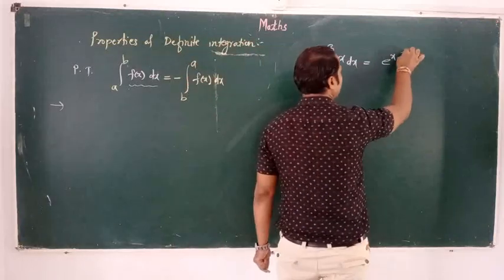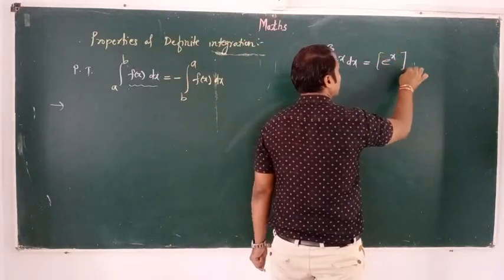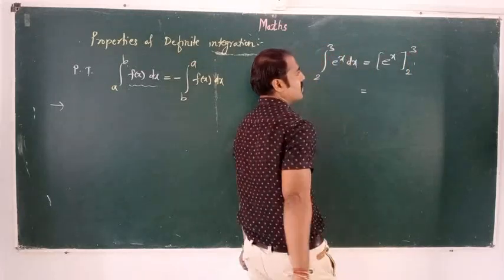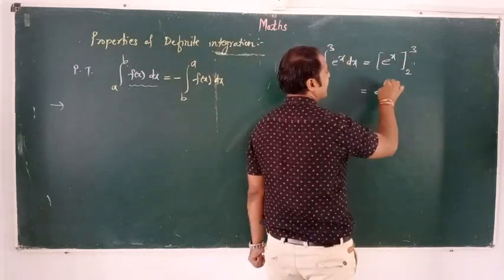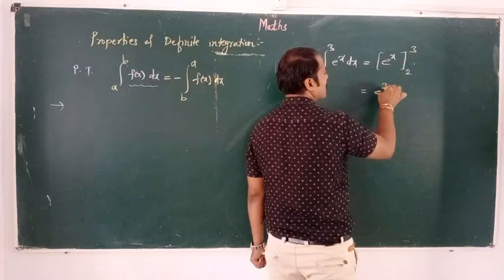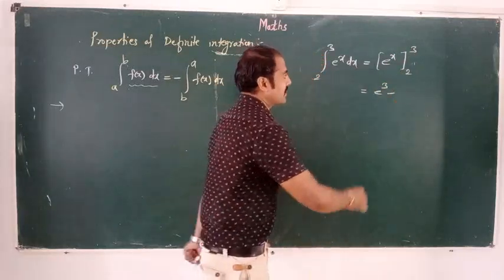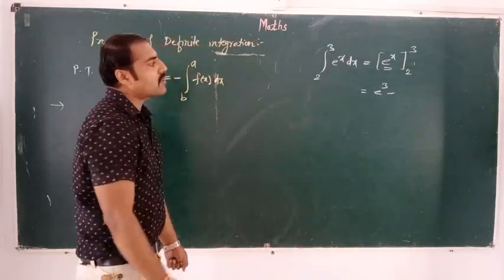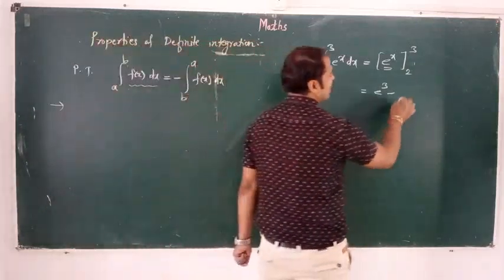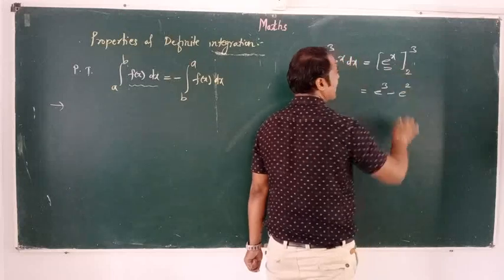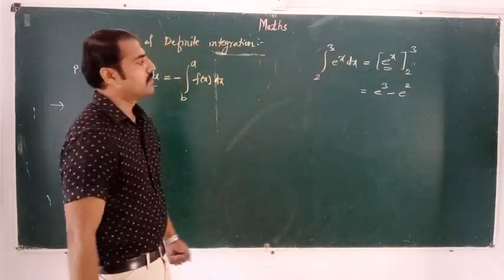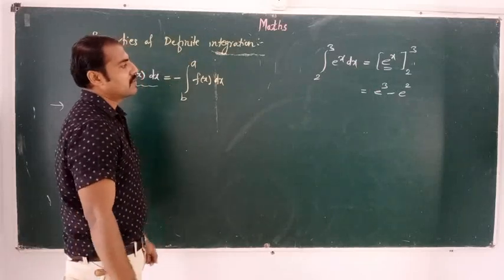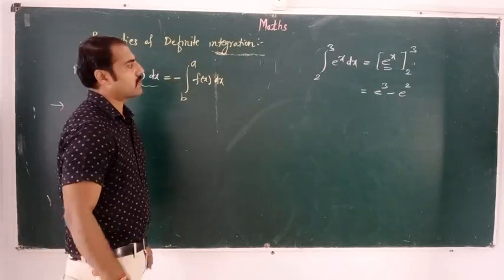The value of the primitive from lower limit 2 to upper limit 3 is the value of the primitive at the upper limit, replace x by 3, e raised to 3, minus the value of the primitive at the lower limit 2, e raised to 2. So integration 2 to 3 e raised to x dx is equal to e cube minus e square.